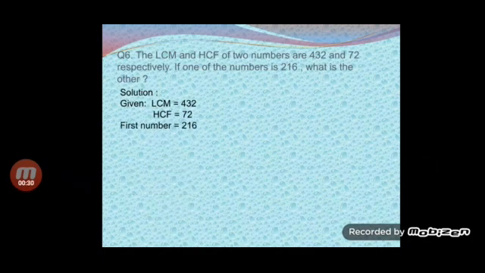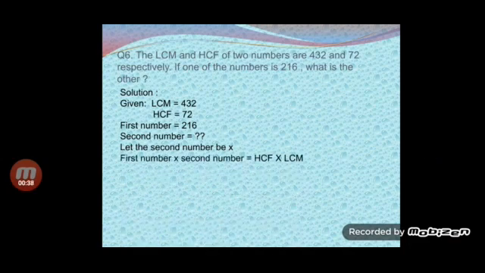First number is given 216, and second number we have to find out. So let the number be x. Now first number into second number is equal to HCF into LCM. Substitute the values. 216 into x is equal to 72 into 432. Now here we have to find out the value of x.